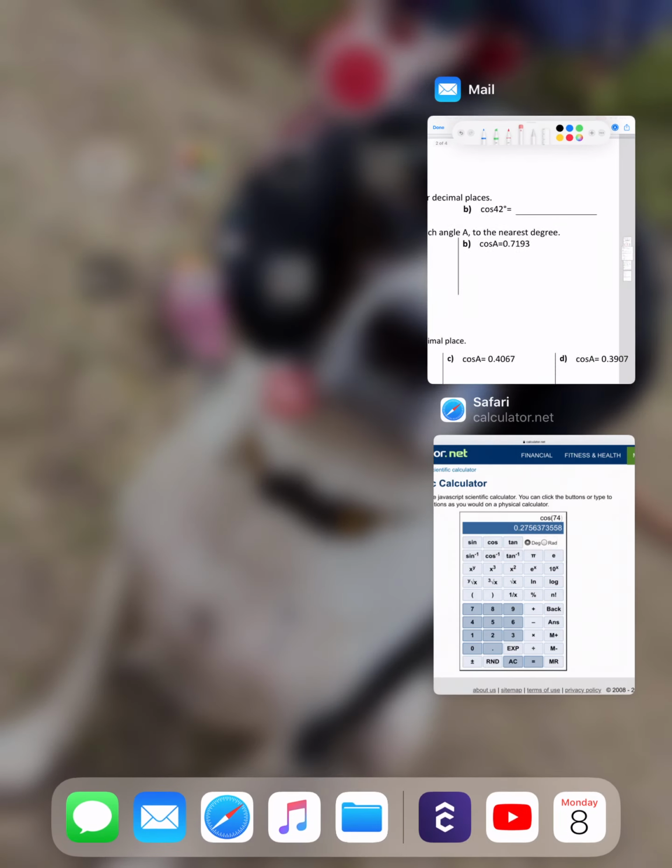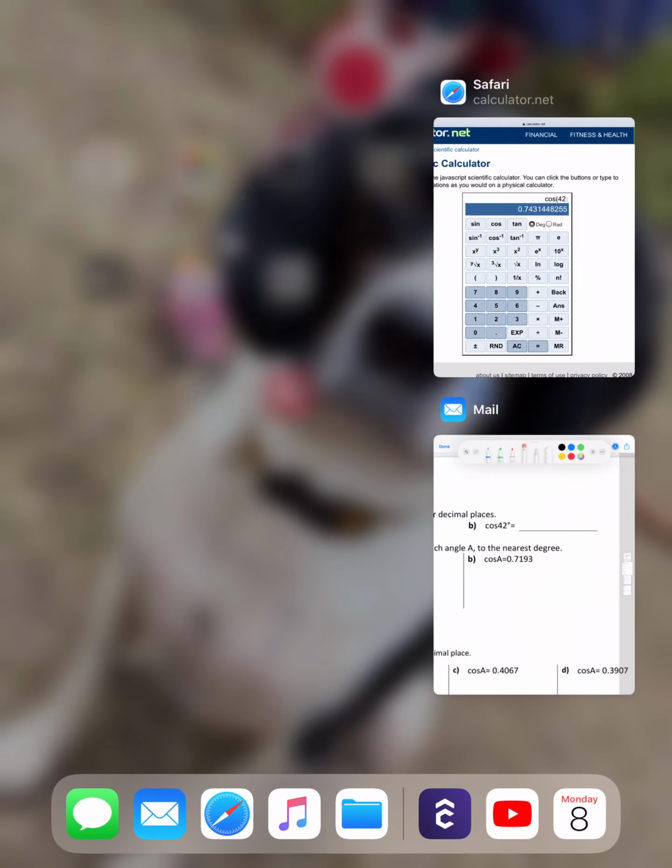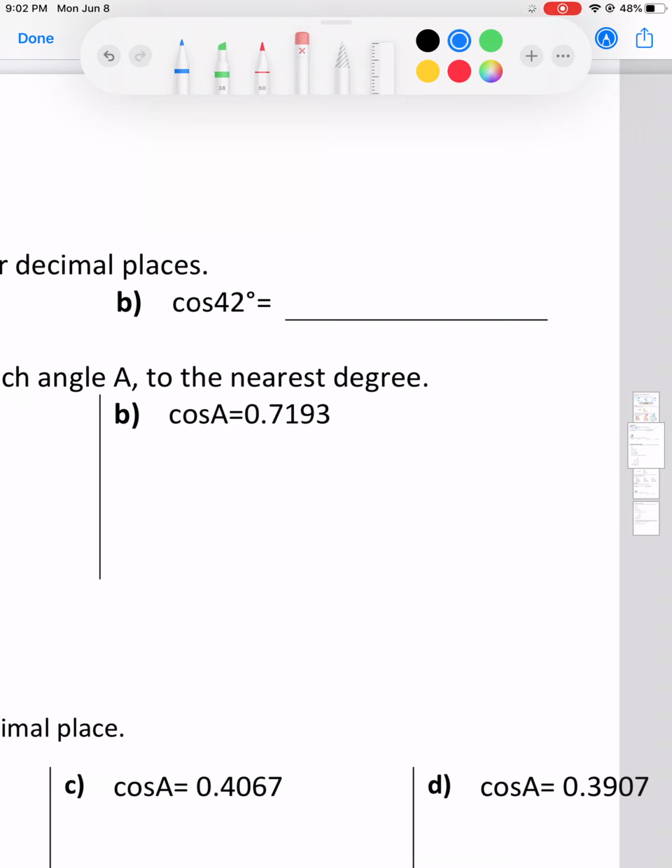Let's do it again. Cos 42. Cos 42. So 0.